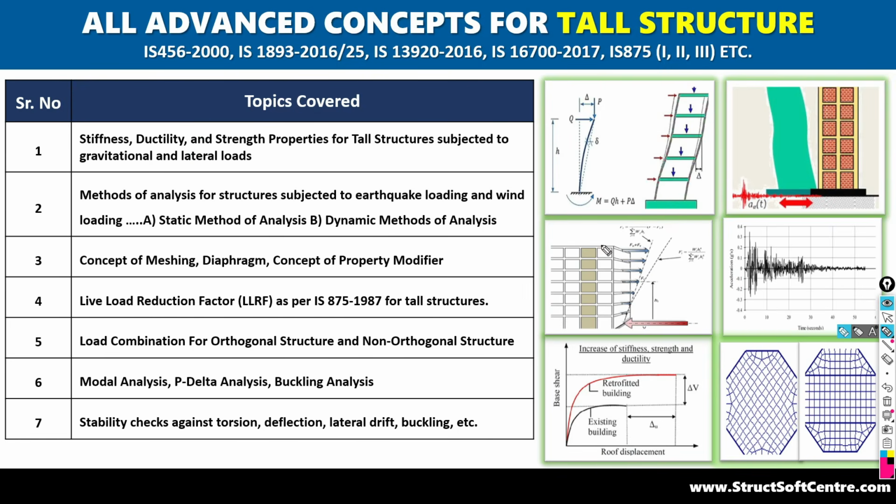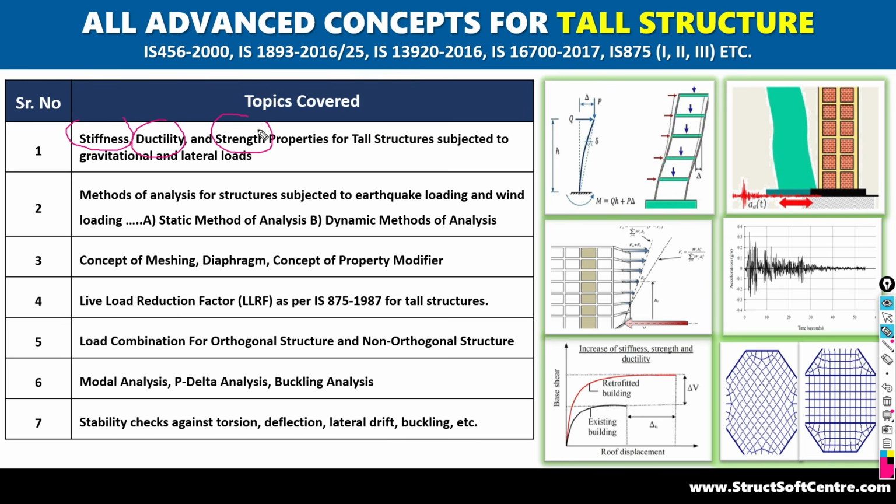So what we are going to cover in the advanced level, we need to see that. Very first you need to understand three important things when you are going to deal with a tall structure. It is also important for the medium-rise structure: that is stiffness, ductility, and strength. These three things are very much important. It is also so for the intermediate, but when you deal with a tall structure, it becomes more important to keep all these things in a proper proportion. Then you can ensure the stability of your structure.